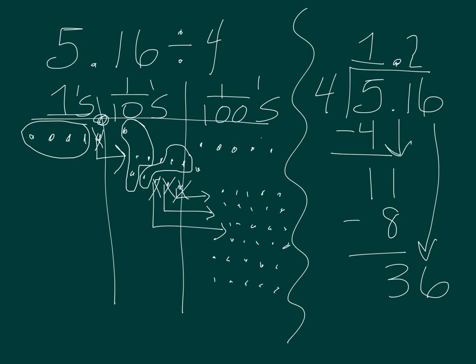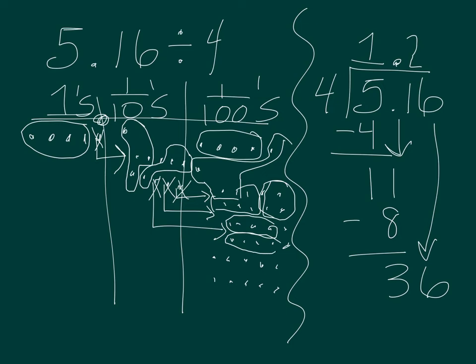I could make 1, 2, 3, 4, 5, 6, 7, 8, 9. So I was able to make 9 groups of hundredths, which would be 36/100ths with nothing left over.